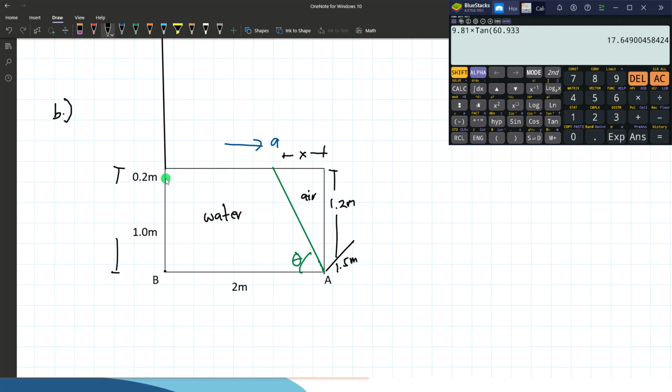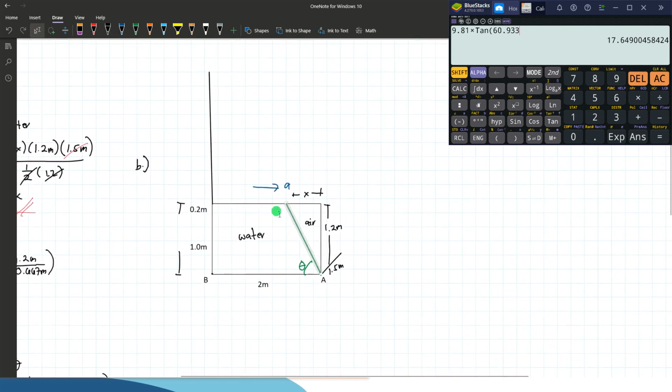So this is your side here at point B. We extend the vertical line there, and we extend this liquid surface following this angle theta.